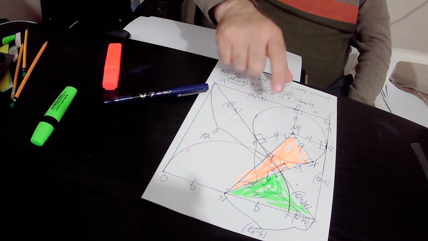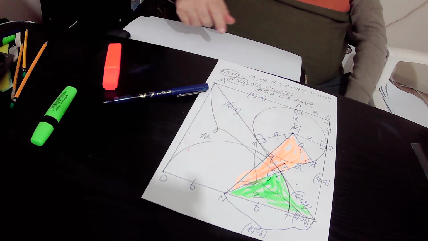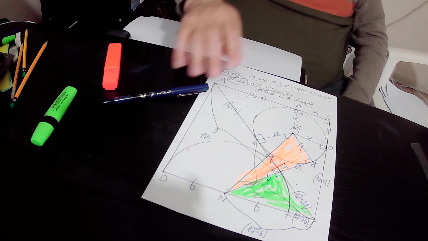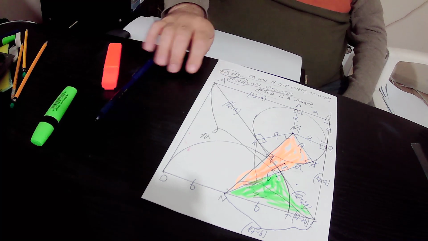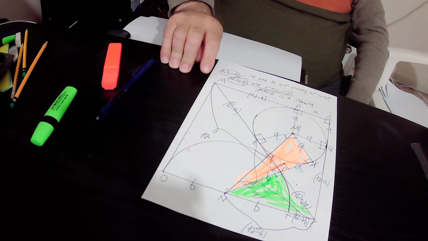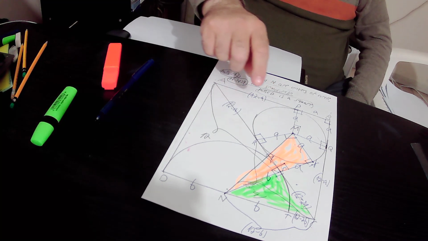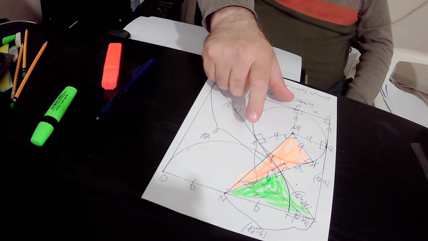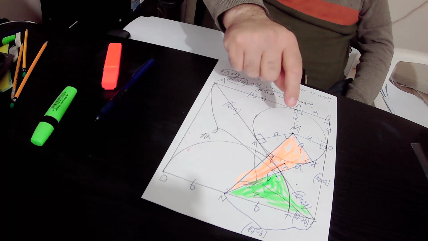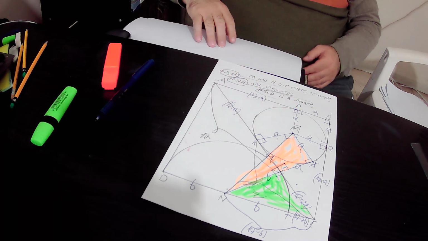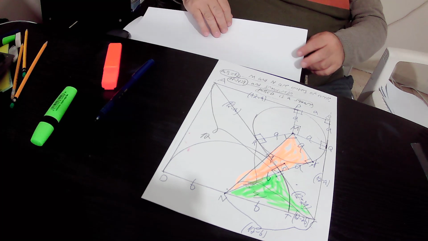That is actually the length of line segment mn. Inside the square ABCD, one side of it is equal to 12 units. We have the circle and the semicircle, and we want to find out the distance between the centers of the semicircle and the circle. That is to say, the length of line segment mn.